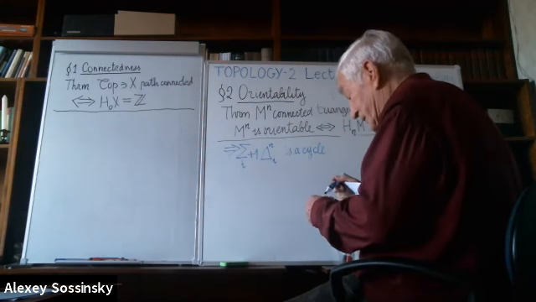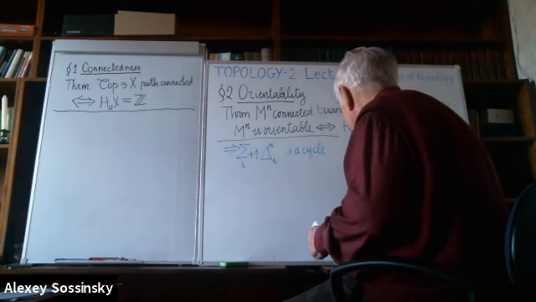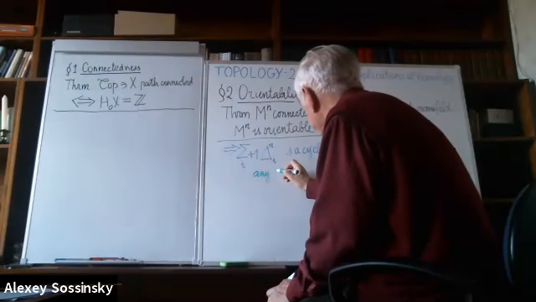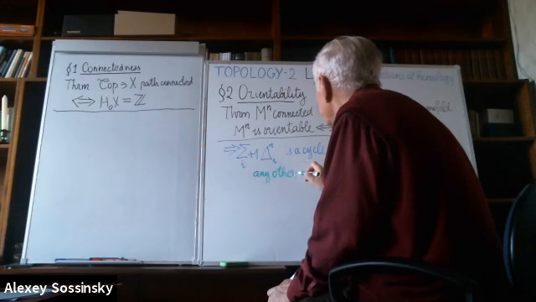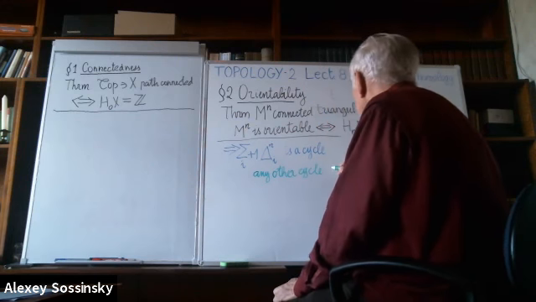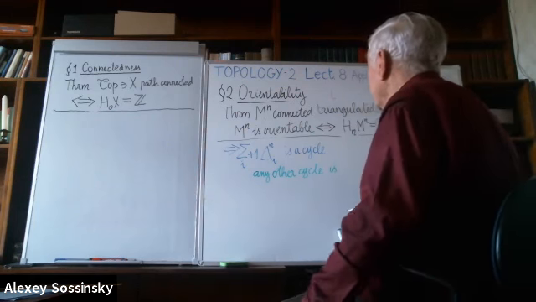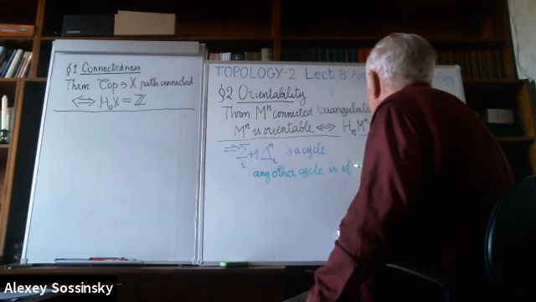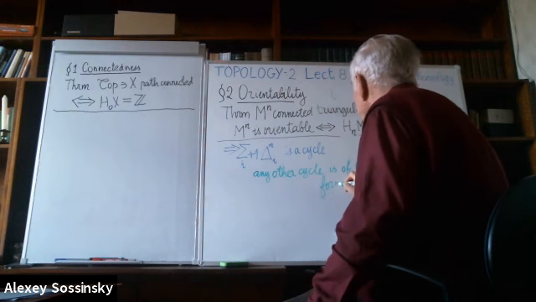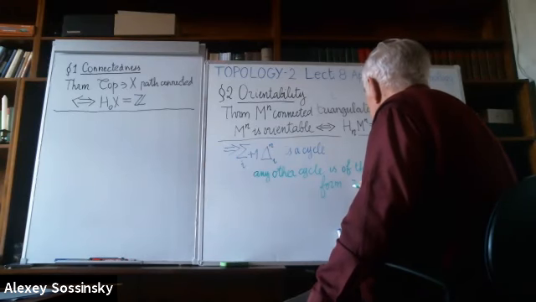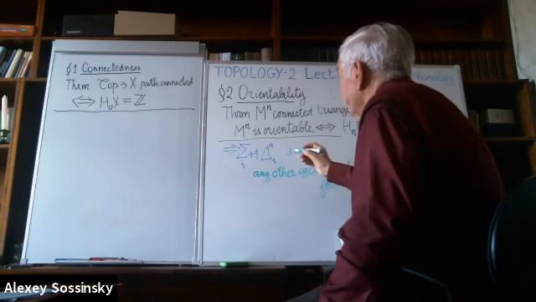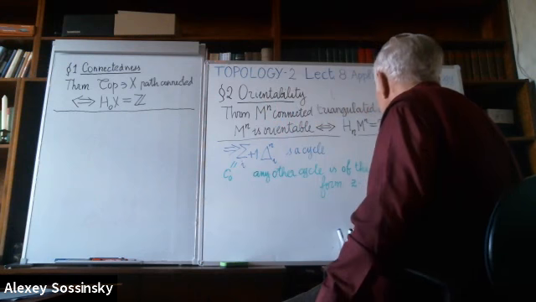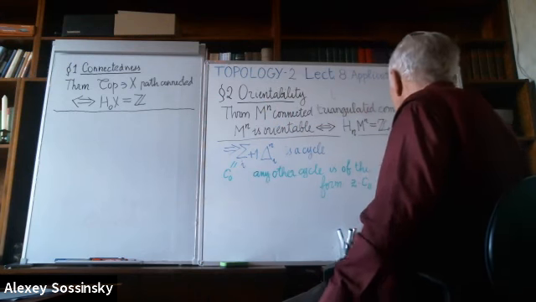It is easy to prove that any other cycle is of the form Z multiplied by the cycle that's denoted by C0, the form Z multiplied by C0, where Z is an integer.